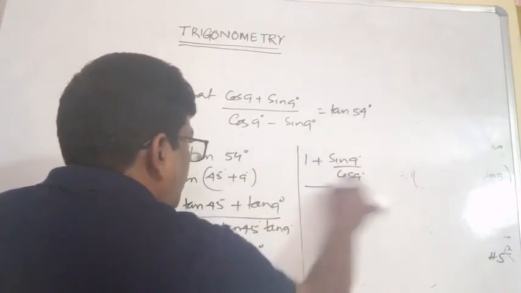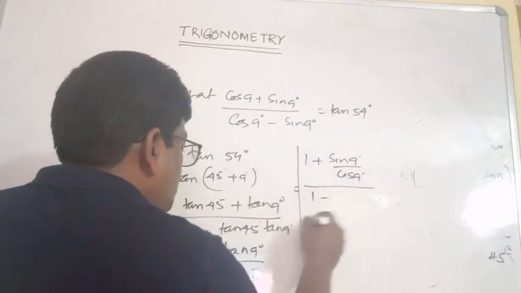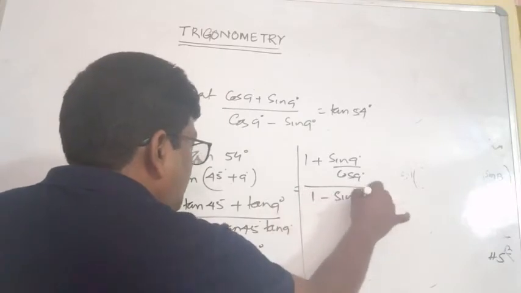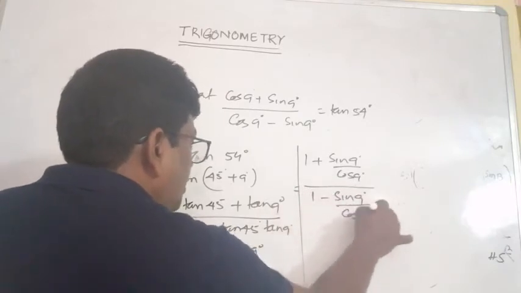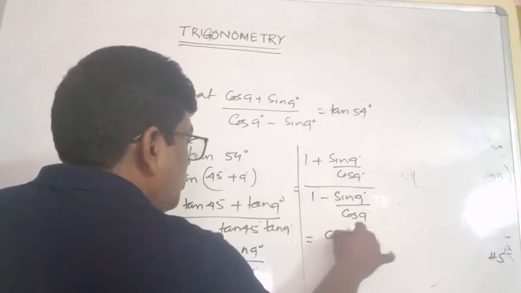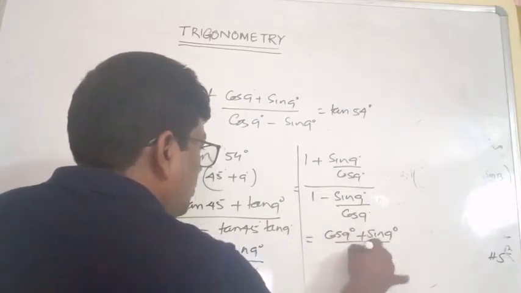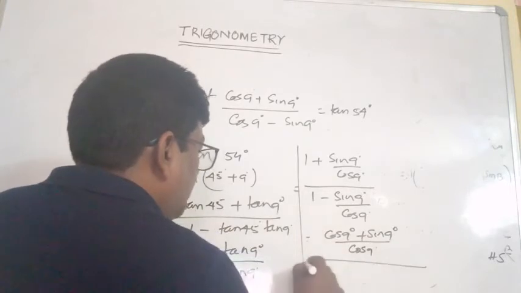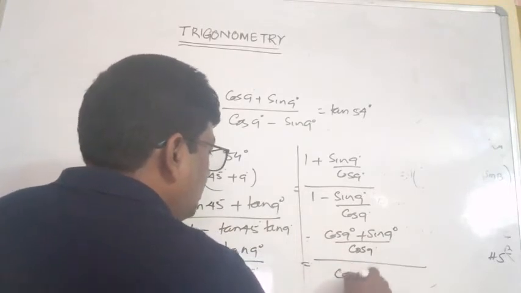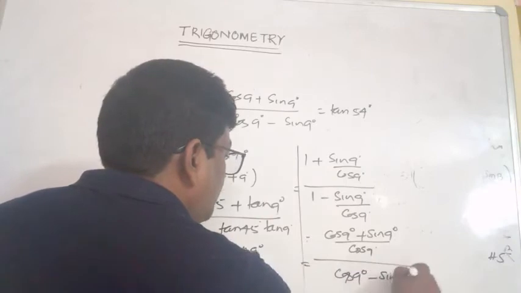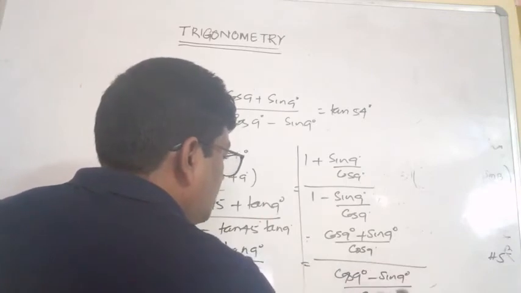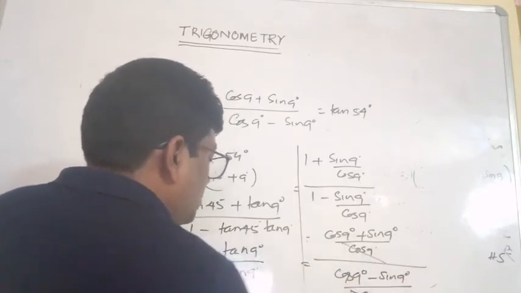and this can be written as 1 plus sin 9 degree by cos 9 degree, whole divided by 1 minus sin 9 degree by cos 9 degree. This is equal to cos 9 degree plus sin 9 degree by cos 9 degree, whole divided by cos 9 degree minus sin 9 degree divided by cos 9 degree. Cos 9 degree cancels.